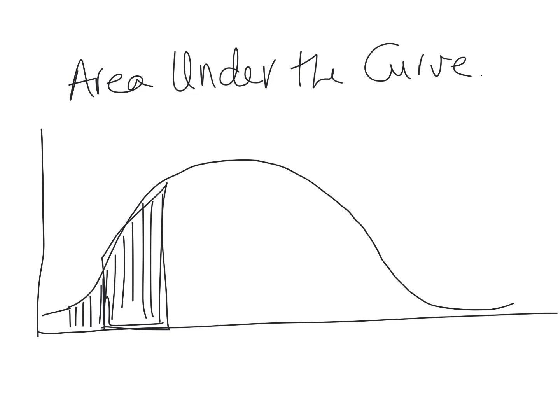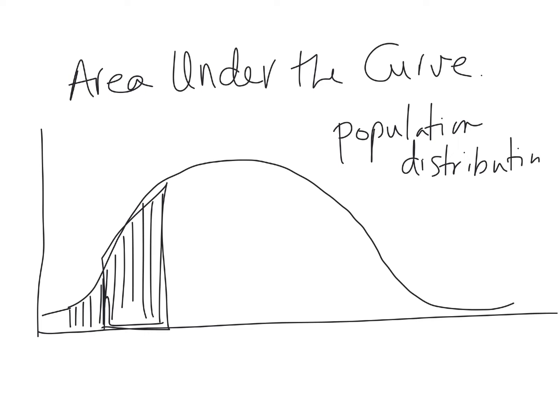The two most common things that we would see, again, this is all about business applications, right? So the two most common applications we'll have is population distribution. Okay, so that's one. And energy consumption.